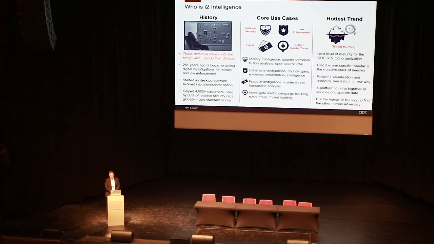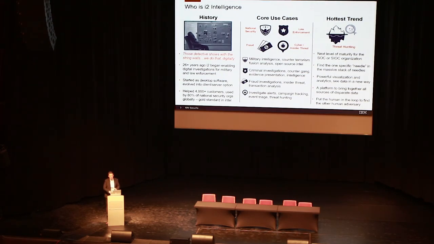If I want to describe very briefly what i2 is, most probably you have already seen detectives sitting in front of a large wall. There are artifacts on the wall connected with strings.